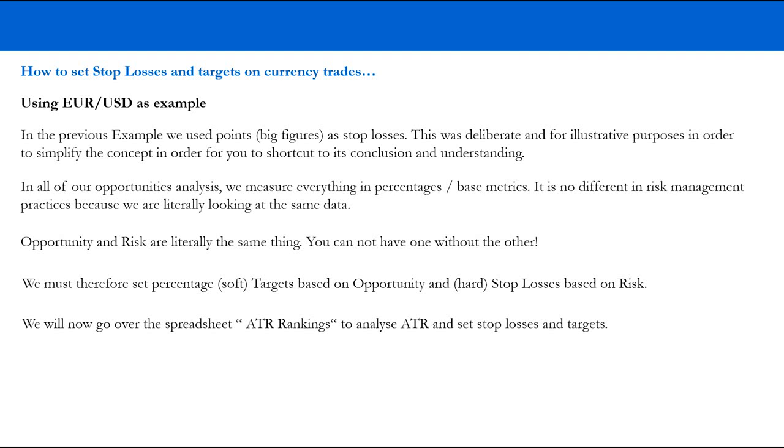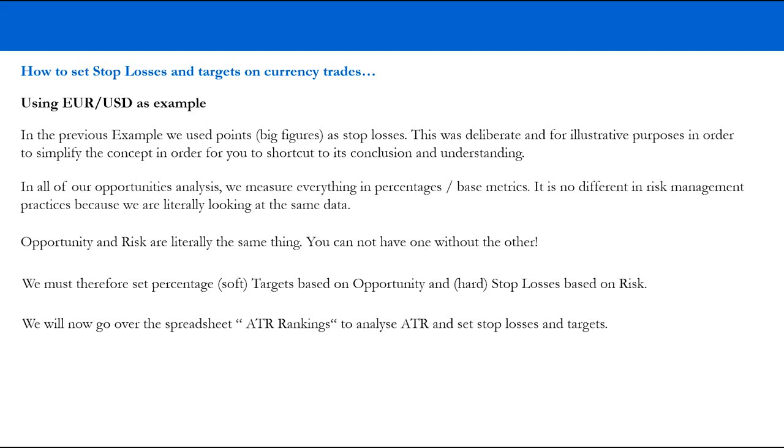So we're now going to go back to the spreadsheet that we saw much earlier on in the video series, ATR rankings, and analyze ATR in order to set sensible stop losses and targets and stick to our risk management principles at the same time. So what we're essentially doing here is looking at a theoretical trade that's come through the overall idea generation process.